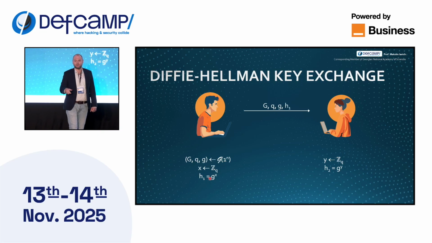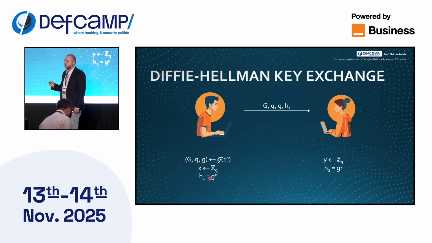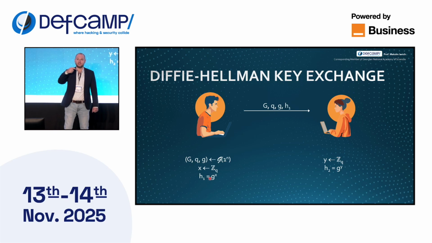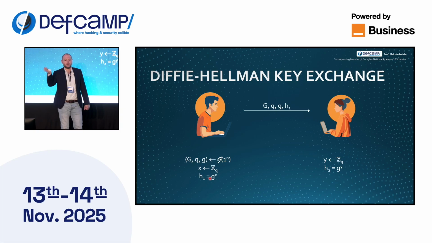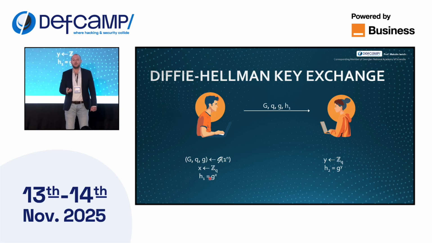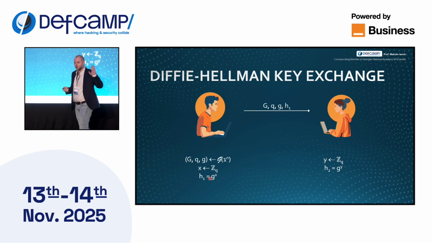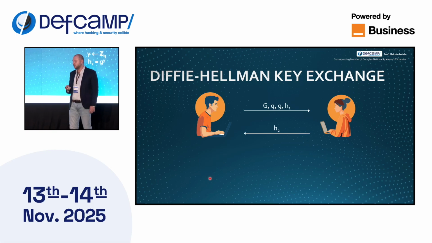She makes up Y, only she knows Y. She takes G to the power of Y and sends it to Bob. The hacker immediately intercepts it, but he cannot get Y from there. So X is known only to Bob, Y is known only to Alice. What do they do?